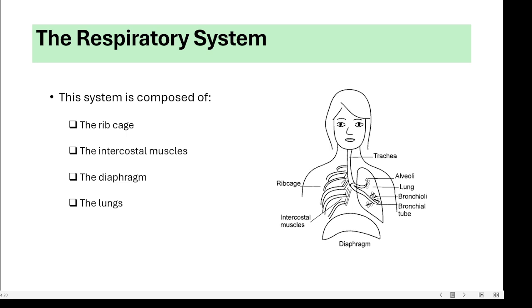The lungs, which are two sponge-like organs. The bronchial tubes, which are airways that extend from the trachea to the lungs. And finally, the trachea, which is a windpipe that extends from the throat to the lungs. So now that we mentioned all these organs, let's see how they interact in two important processes, inhalation and exhalation.